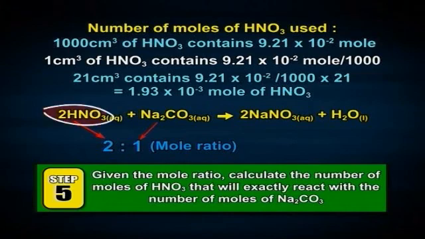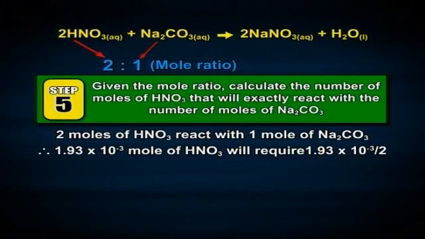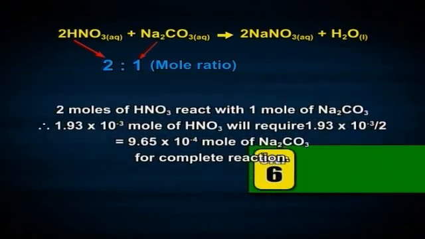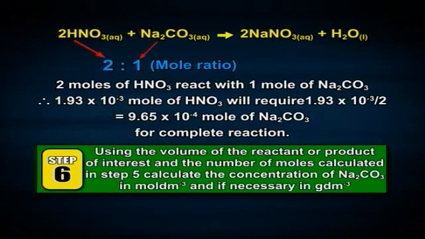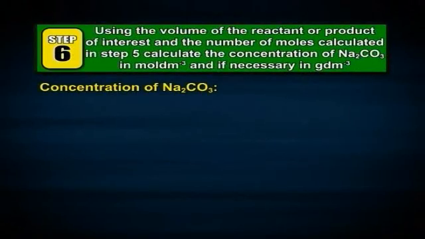If 2 moles of HNO3 react with 1 mole of Na2CO3, using the volume of the reactant or product of interest and the number of moles calculated in step 5, calculate the concentration of the substance of interest in moles per dm³ and, if necessary, in grams per dm³. Concentration of Na2CO3.